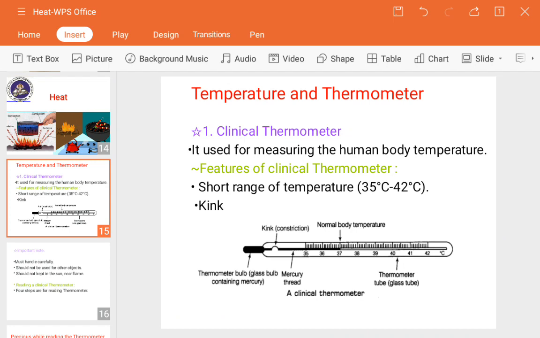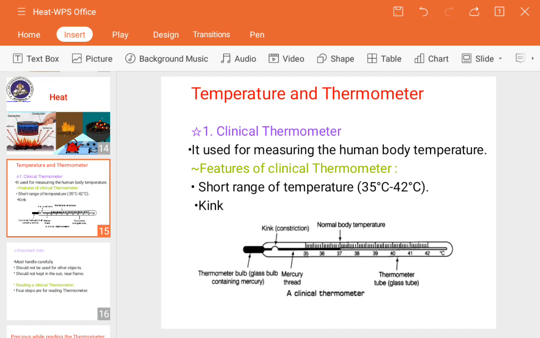The clinical thermometer only ranges from 35 degrees Celsius to 45 degrees, but a laboratory thermometer can measure from 0 to 100. It has a very high range of markings. The most common unit for measuring temperature is the degree Celsius.